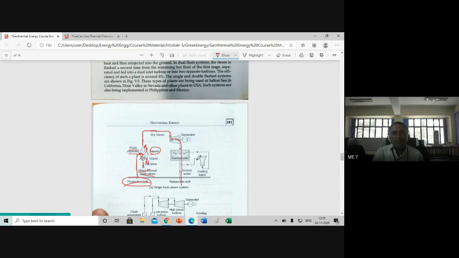Cooling water is passed like this and sent to the cooling tower. And the generator is there. The generator rotates with n rpm.